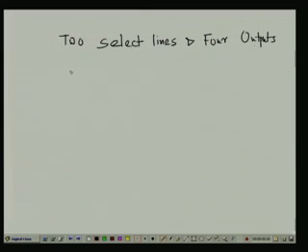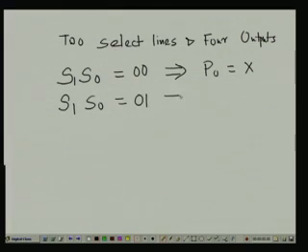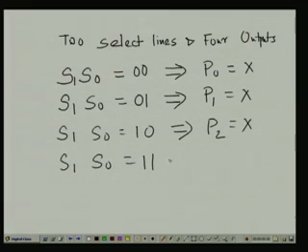Then S1 S0 equal to 0 0 will make P0 equal to x, S1 S0 equal to 0 1 will make P1 equal to x, S1 S0 equal to 1 0 will make P2 equal to x, and S1 S0 equal to 1 1 will make P3 equal to x.